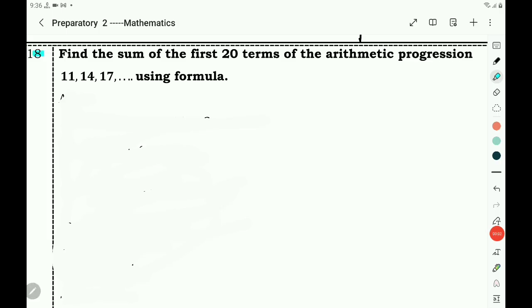Next, question number 18. Find the sum of the first 20 terms of the arithmetic progression 11, 14, 17 using formula. Here you write the given arithmetic progression 11, 14, 17, and so on to how many terms? 20 terms.